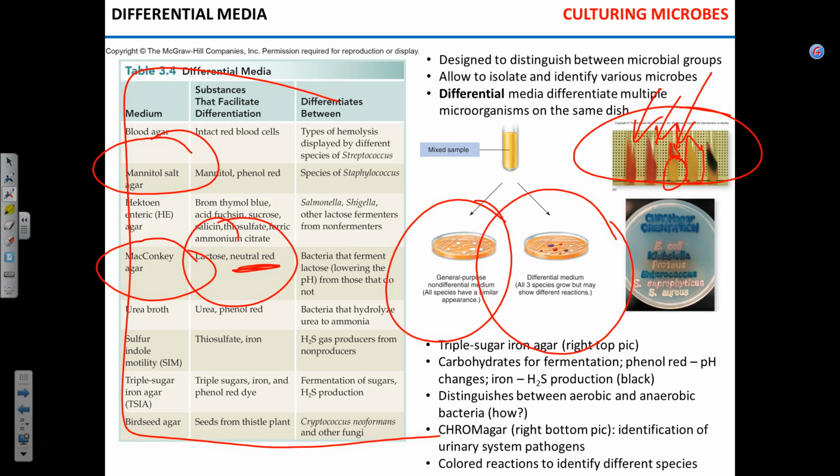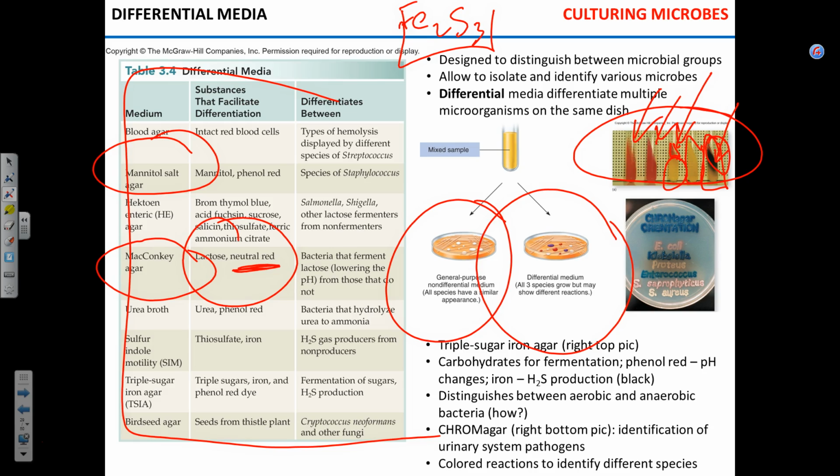And here you can see black. This means sulfur reduction. Again, the same stuff that we discussed. Iron sulfide is formed up top but not at the bottom. So it's probably some kind of aerobic bacteria which also can reduce sulfur.